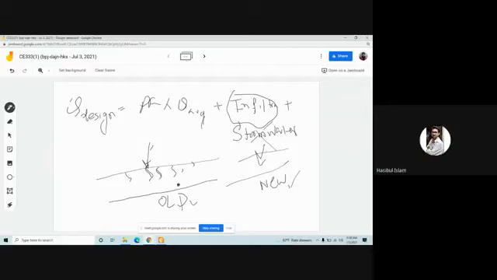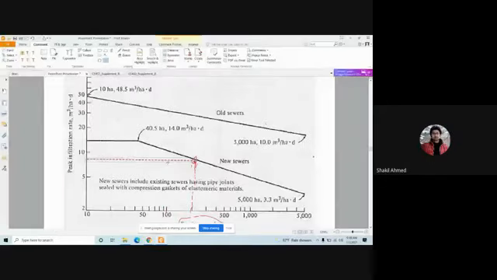Why? Leakage will be there. Because there are higher number of leakages, more leakages, so more infiltration. So that's why this old sewer line is higher. Do you see? This line is higher than this line. The infiltration will be higher in old sewer.